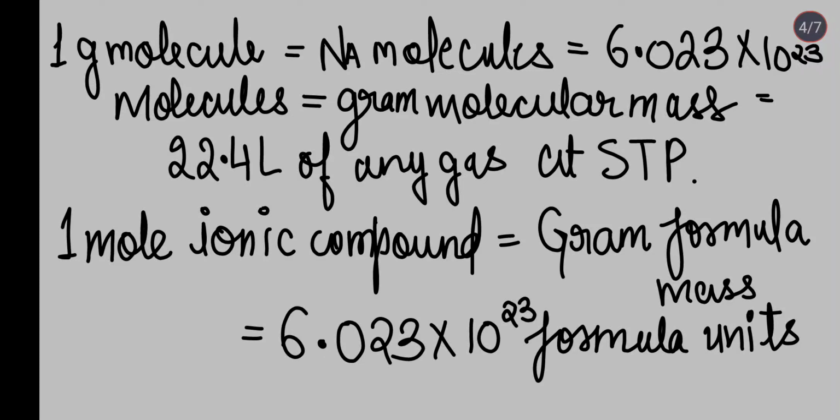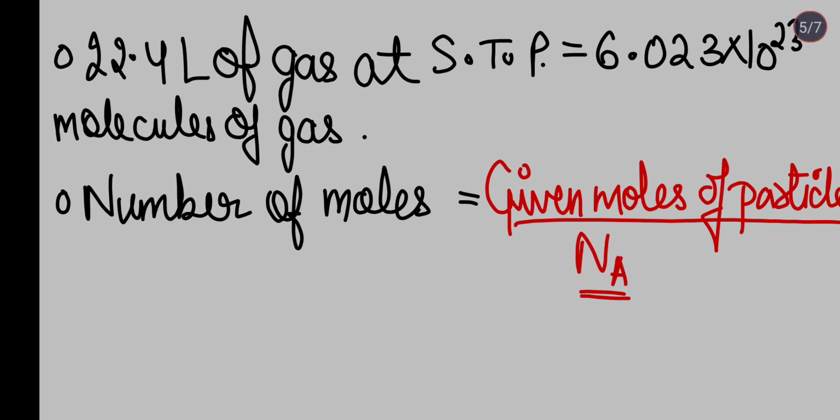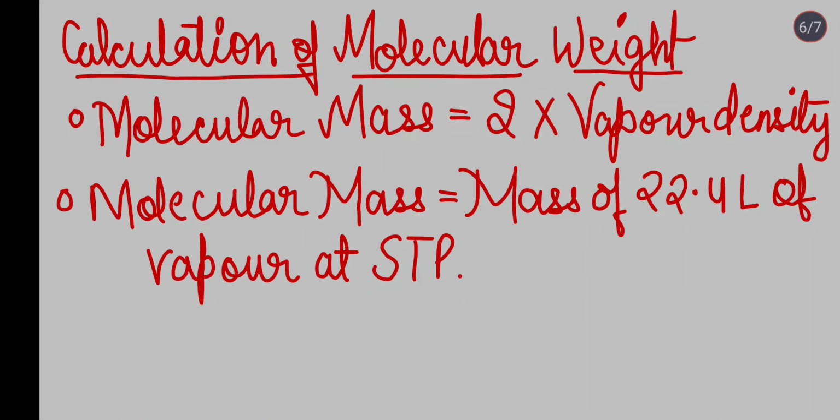22.4 liters of gas at STP is nothing but 6.023 into 10 to the power 23 molecules of gas. The formula to calculate number of moles is given moles of particles upon Avogadro's number of particles, N of A. Molecular mass is equal to 2 into vapor density.